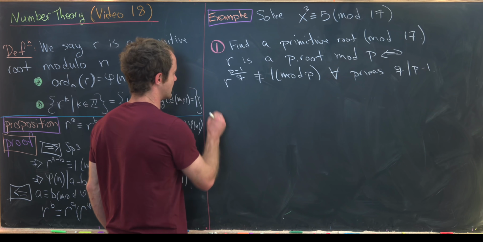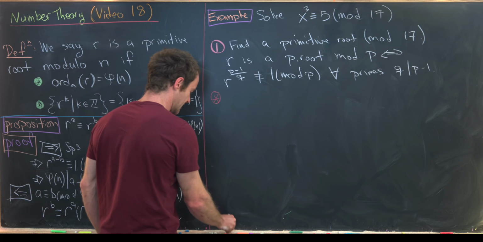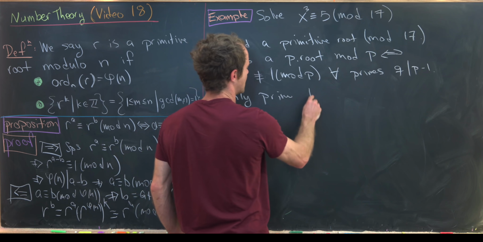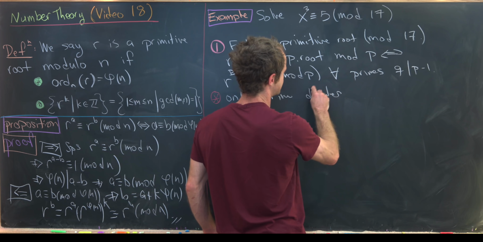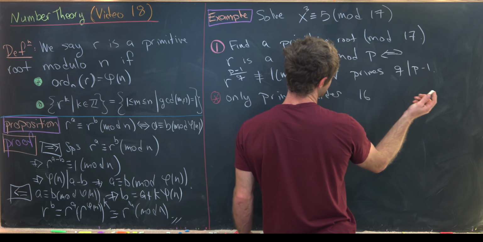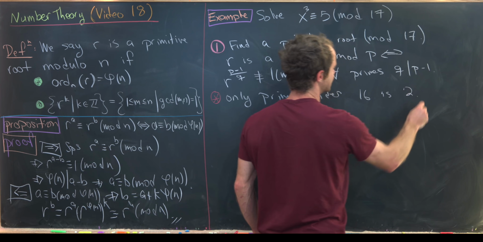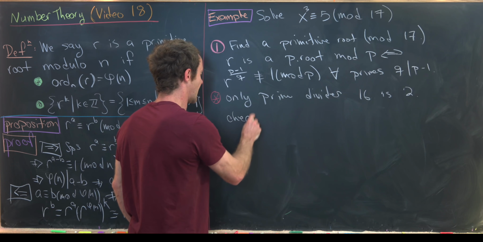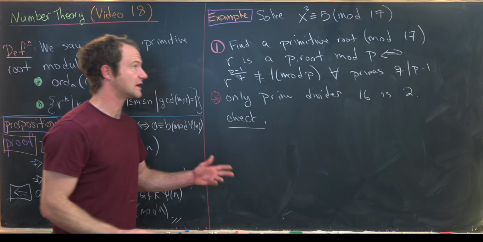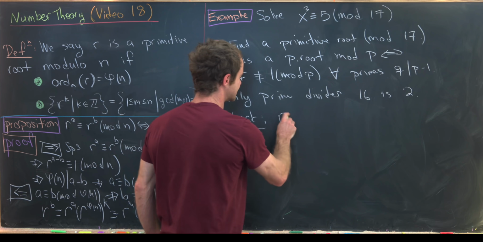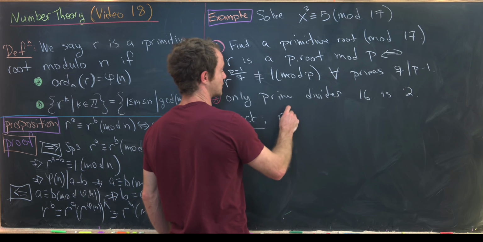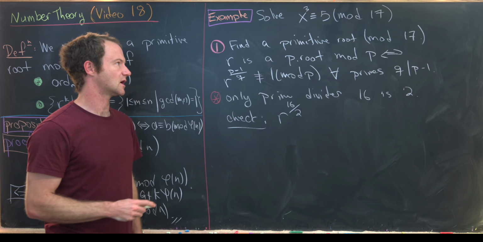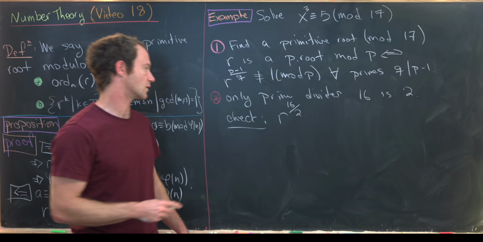Well, we're in luck here, and that is because the only prime that divides 16, which is equal to 17 minus 1, is 2. So the only thing that we need to check in order to have a primitive root mod 17 is r to the 16 over 2, and see if that's congruent to 1 mod 17 or not.